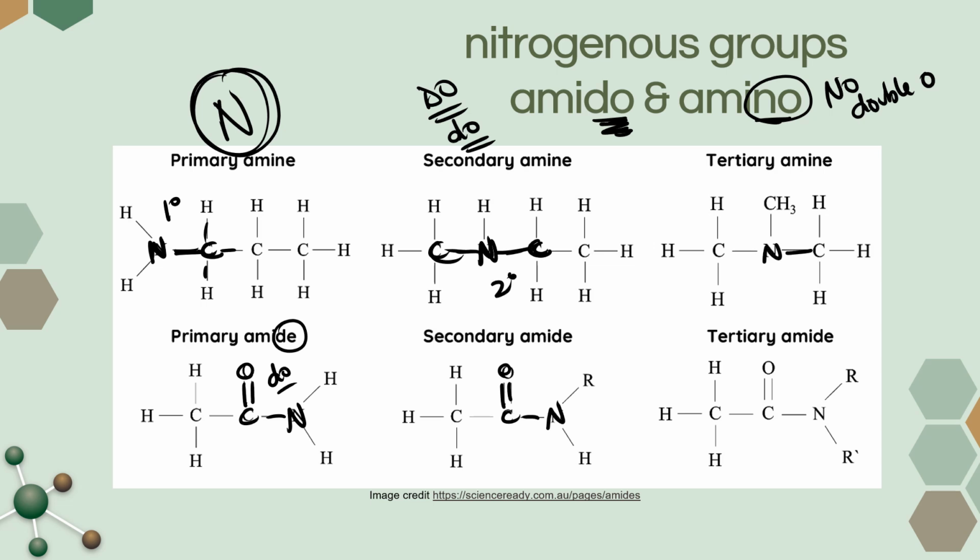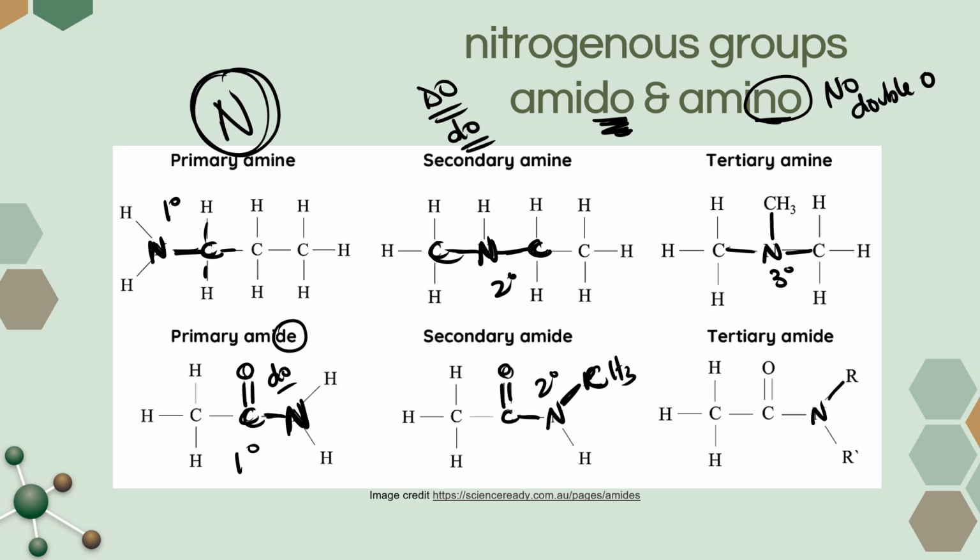This nitrogen is bound to 1, 2, 3 carbons. It's a tertiary amine. This nitrogen is bound to one carbon. It's a primary amide. This R means that there's more stuff besides hydrogen stuck to it. So it could be maybe another methyl group or all sorts of other super cool things. And so it's bound to 2 carbons. It's going to be secondary.